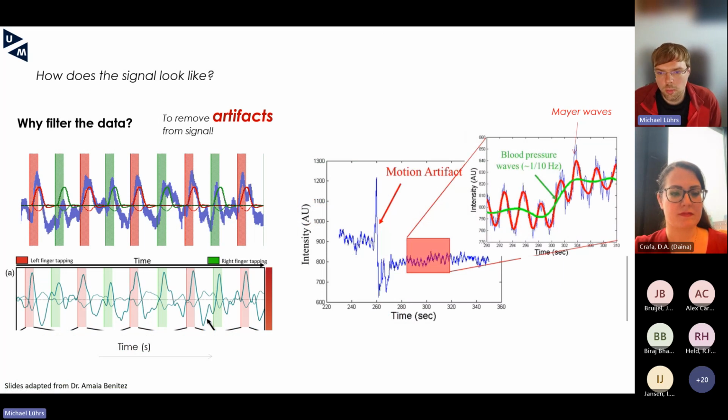Now, we were talking about motion artifacts and also some physiological artifacts. One important aspect that you have to consider is that these artifacts are not just happening independently; they could even happen at the same time and in the same data set. Even while a motion artifact is happening, there could also be a microwave in that moment.